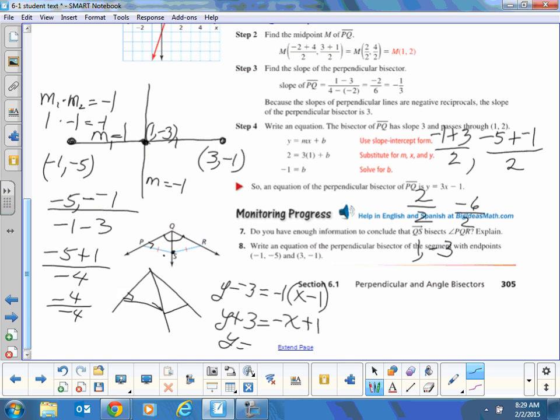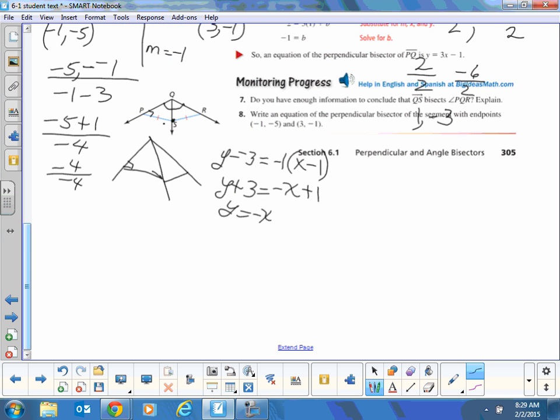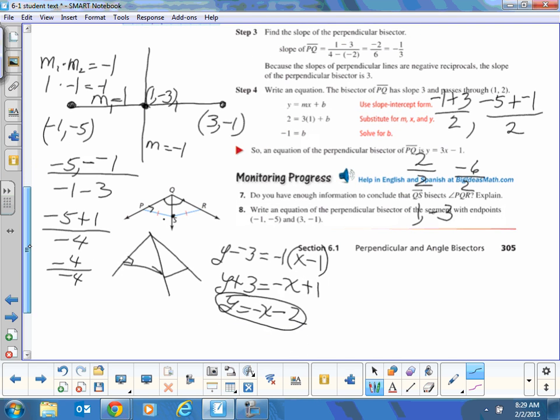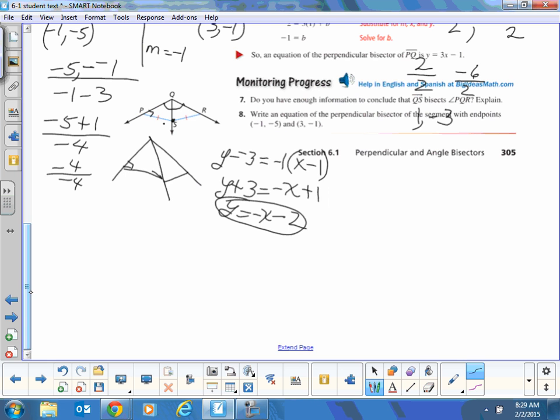Y equals -x minus 2. So that's the equation of the line. It's a perpendicular bisector of this line segment. So you're going to have a lot of those on Friday. I like them because they come out to be a nice simple equation.